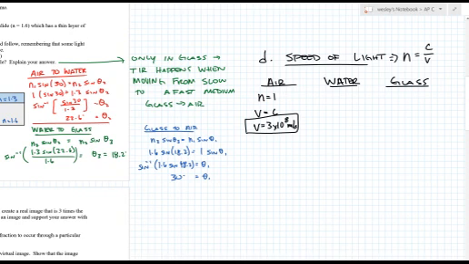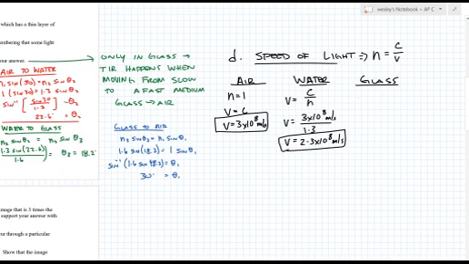In the water, the velocity is going to be c over N. So the velocity is going to be 3 times 10 to the 8th meters per second divided by N, which is 1.3. So that velocity comes out to be 2.3 times 10 to the 8th meters per second.